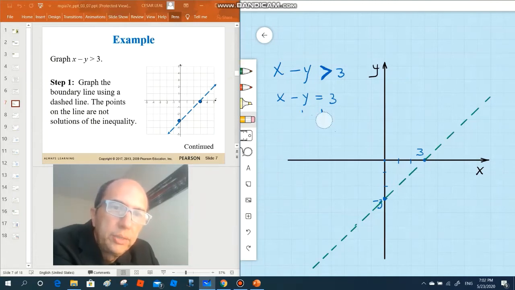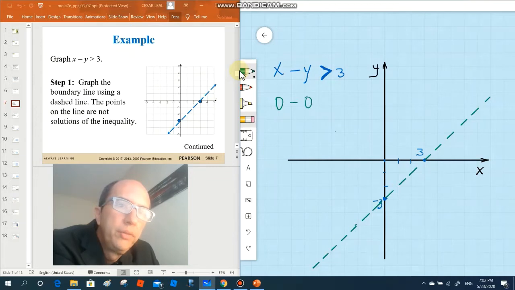Test point 0 and 0. So x equals 0 minus y equals 0 is greater than 3. 0 greater than 3. Is it true? Is it false? It's obviously false.